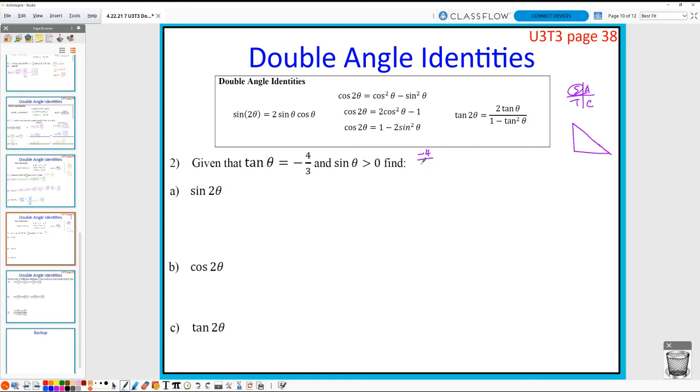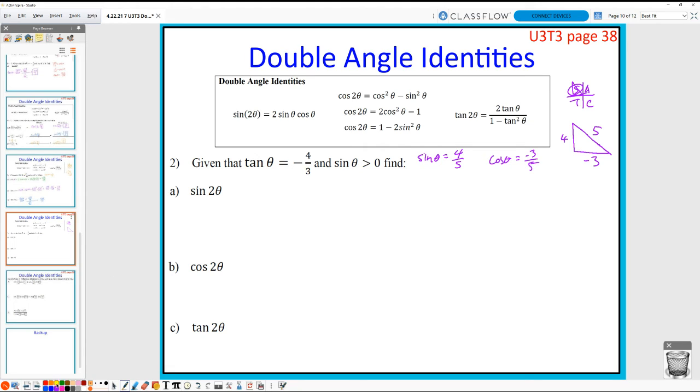So what this means is opposite 4, this has to be positive because I'm going upwards. It looks like this, so it's a positive y, negative x. So -3 is over here, and 5 is my hypotenuse, or my radius. So my sine theta is equal to 4/5. Cosine theta is -3/5.